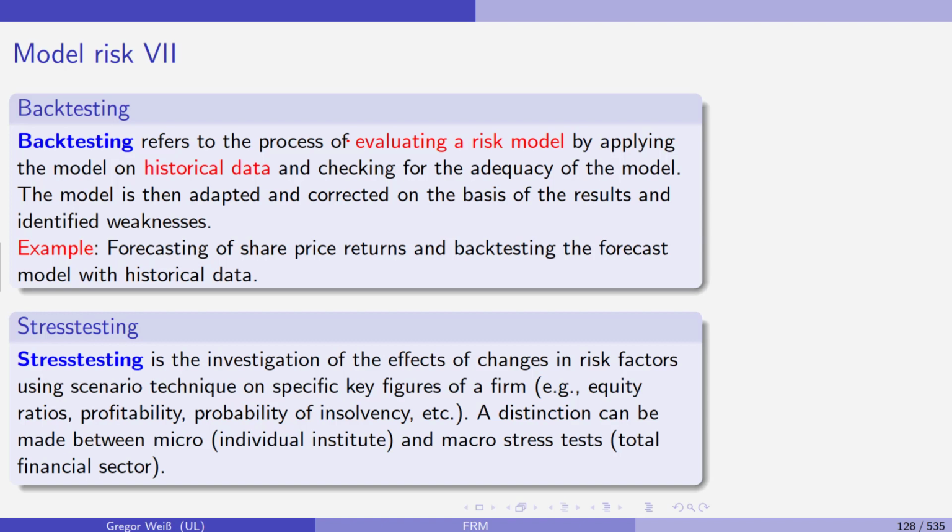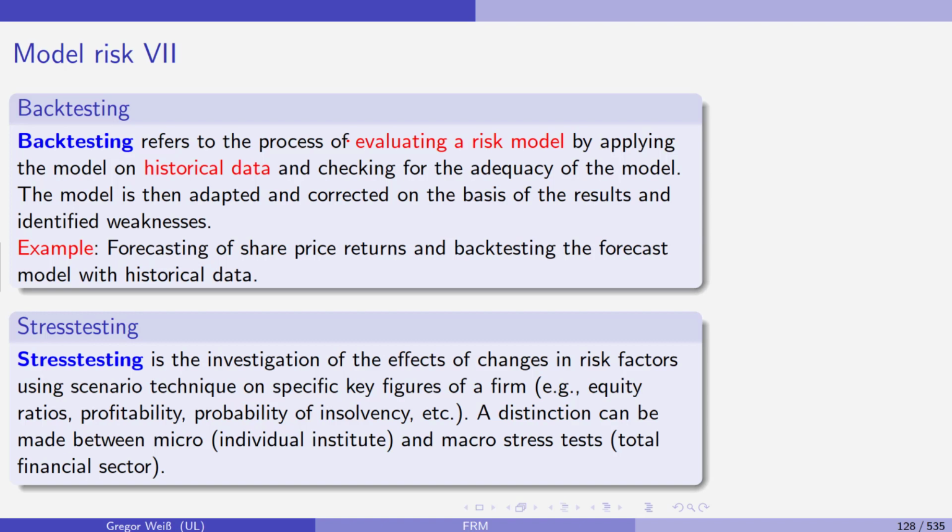Stress testing is closely related to this. It's the investigation of the effects of changes in risk factors using scenario techniques on specific key figures. For example, you change some parameters, you also use maybe a stress test scenario, a worst case scenario, and then you see how your model fares under this stress test worst case scenario.